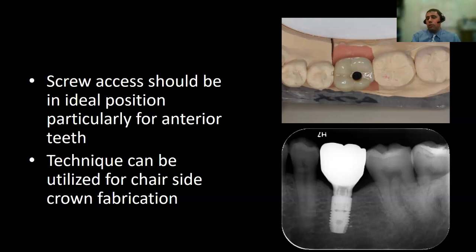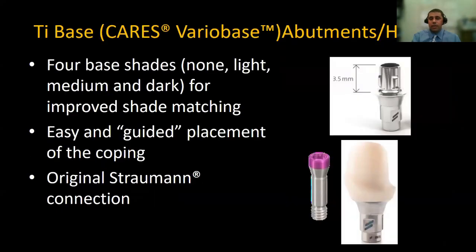And again, also these types of restorations can be manufactured chairside with titanium bases, similar to the ones that you see here. They come in, again, different heights, and you probably should utilize the tallest ti-bases that the patient can have, so you can have good mechanical retention also for the stability of these restorations.